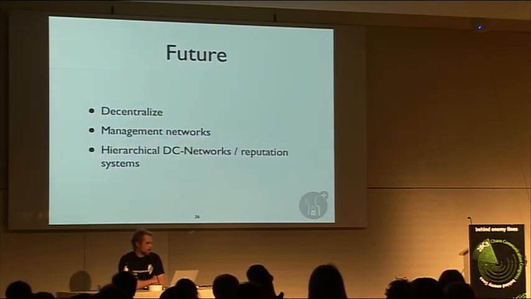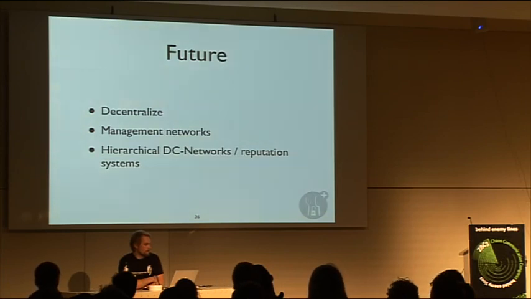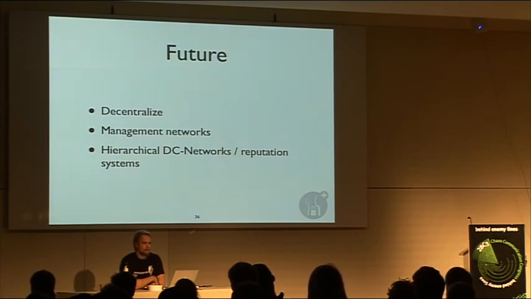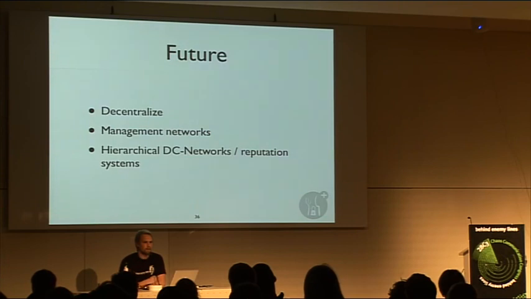So a little early, I come to the future of DC networks. It's my great wish to decentralize. It's possible, I think. I have some ideas from BitTorrent in mind to distribute the computation of the global sum.